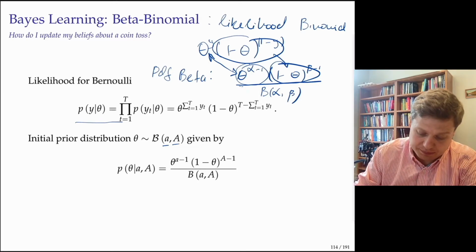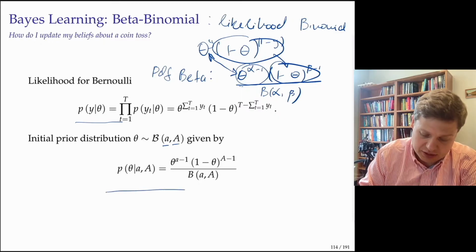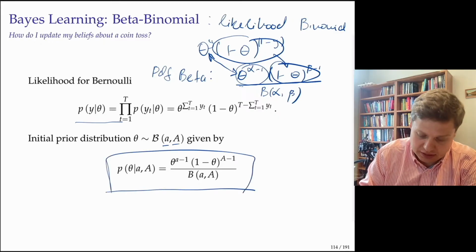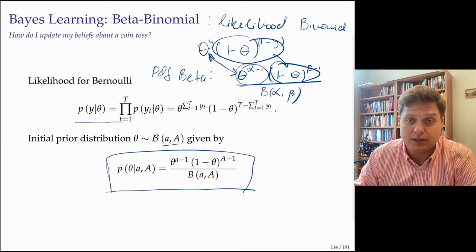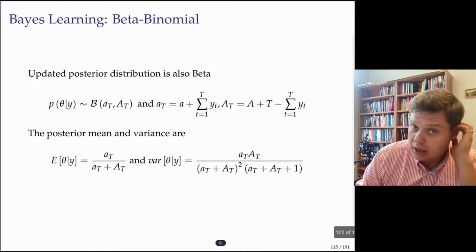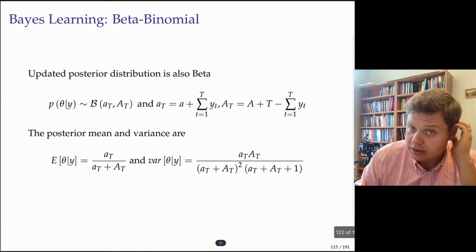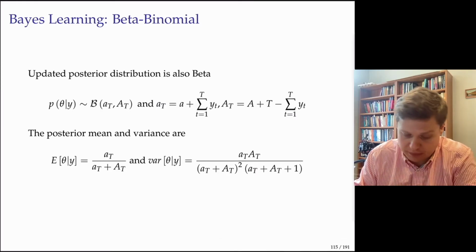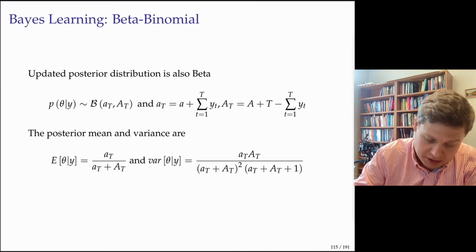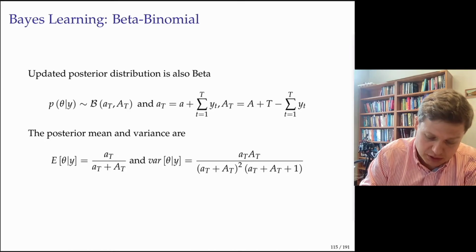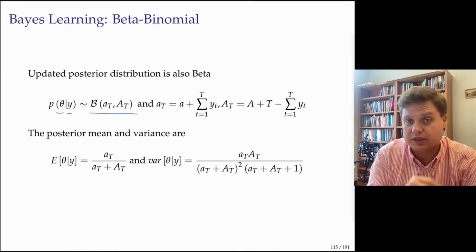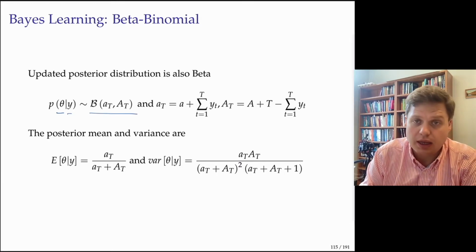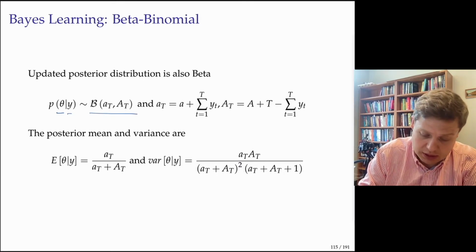So the density function of the prior is just the density of the beta function, and then the posterior can be calculated analytically. So the posterior distribution over theta given y will also follow a beta distribution, so it's from the same family as the prior. And the parameters, again, we can calculate analytically.